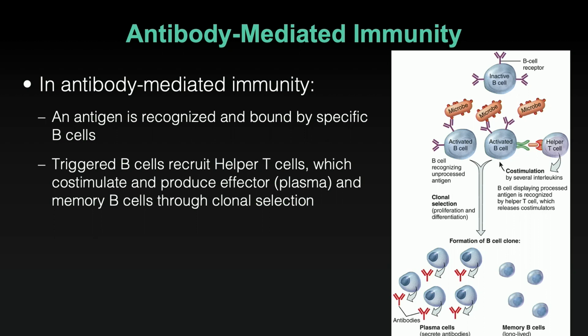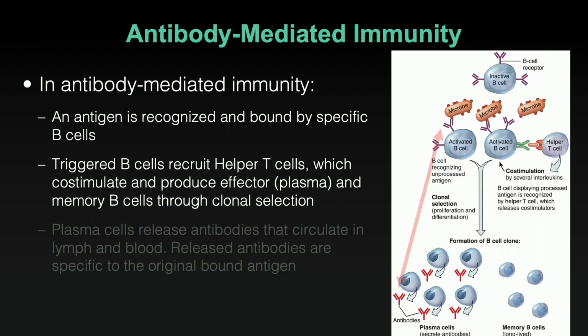They wake up, but they need more B cells to mount a larger immune response, and the way that clonal selection is induced is if helper T cells are present to co-stimulate. Clonal selection again makes new effector cells and new memory cells. In this case, the effector cells are plasma cells, and the memory cells are memory cells.